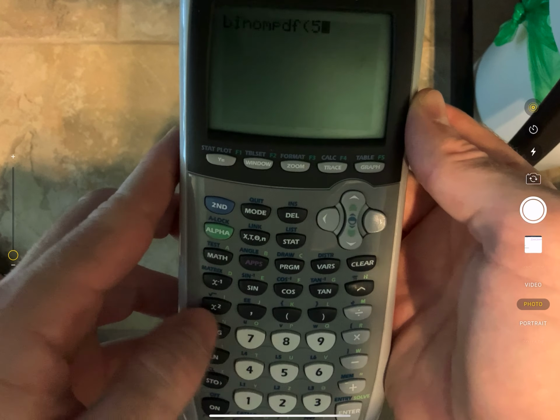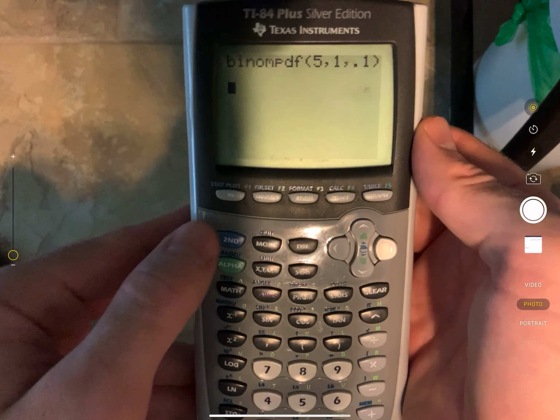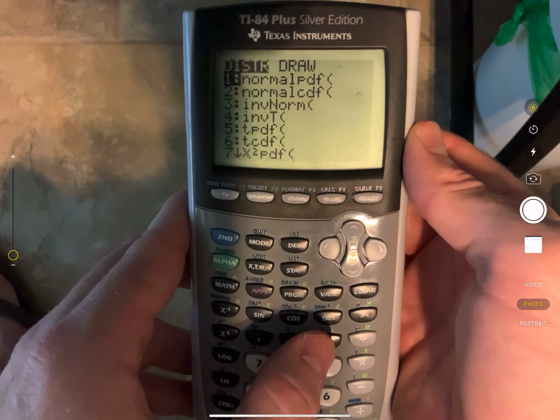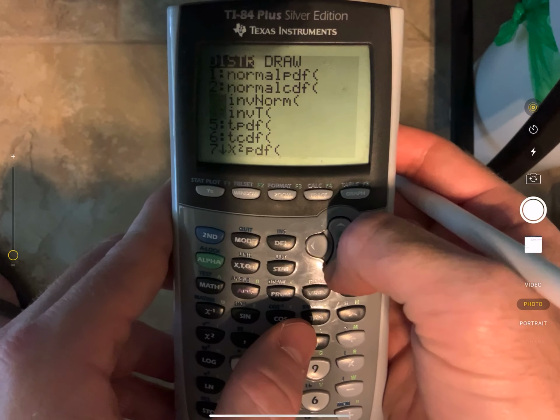Okay, so that didn't work. So I wonder if it's the probability first. Let's try this. So let's do 5, then comma 0.1, and then comma 1, and see what that does. All right, cool. So yeah, this works, okay?